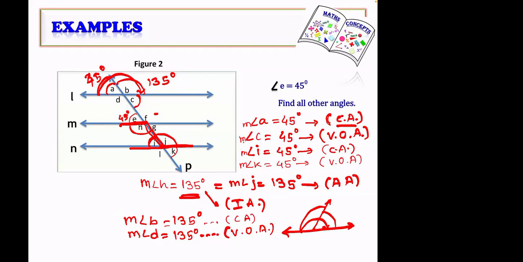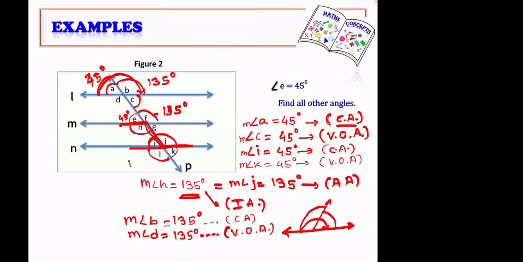Ma'am, F will be 135 and L will be 45. No, L will not be 45. Do you see it as an acute angle? Is L an acute angle? No, ma'am. This is 135. This is correct because it is the corresponding angle of B and J. Ma'am, sorry. L will also be 135.